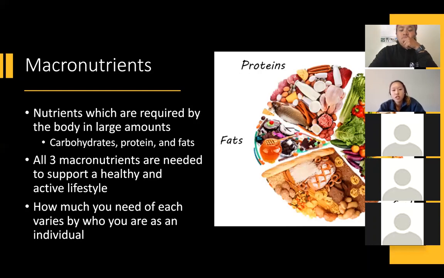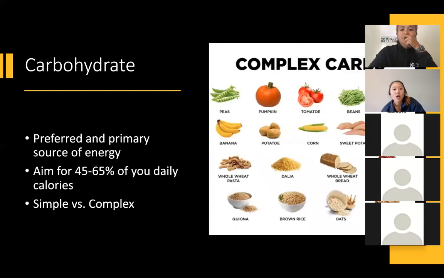So switching slides. We have carbohydrates, which are the preferred and primary source of energy for the body. The general recommendation is to aim for 45 to 65% of your daily calories from carbs. Not all carbs are created equally though, so there are two different types, simple and complex.